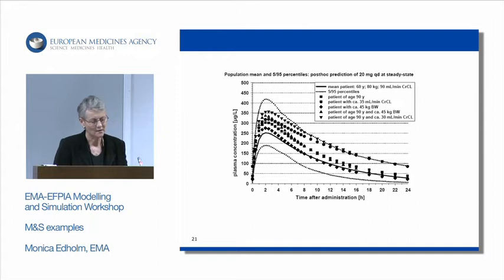And then simulations of typical patients with varying covariates. So an elderly patient, a patient with low renal function, a patient with low weight, an elderly patient with low weight, and an elderly patient with low renal function.